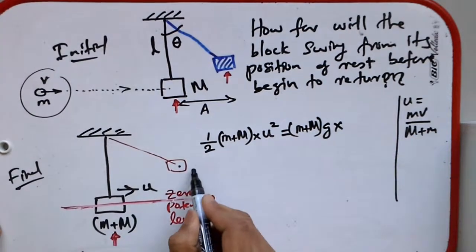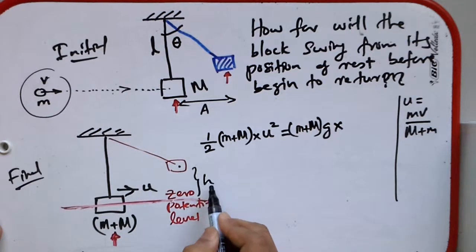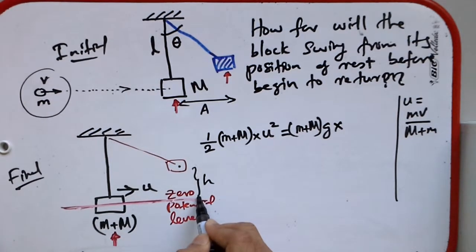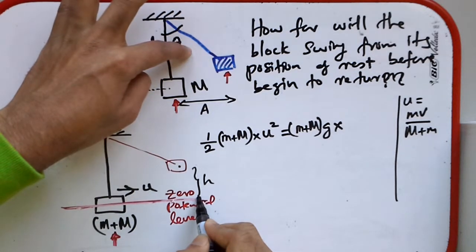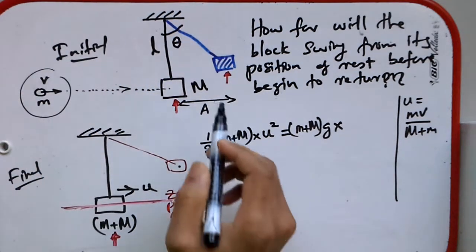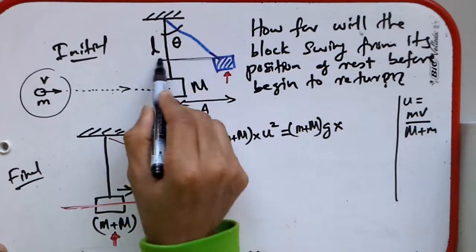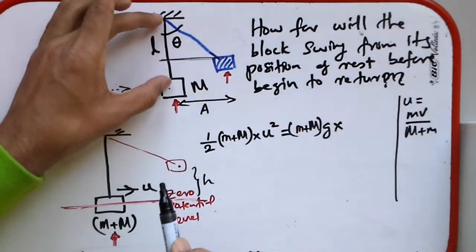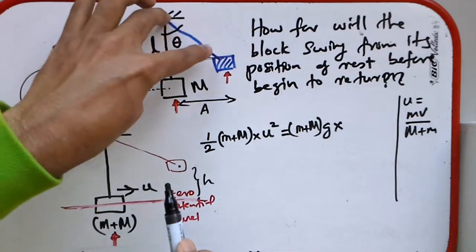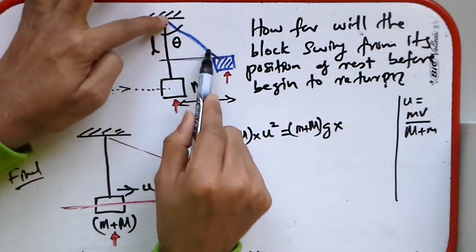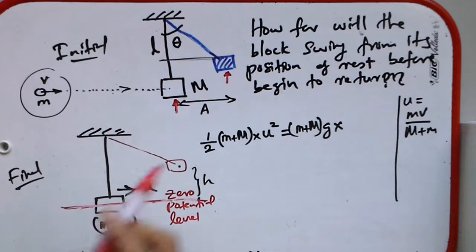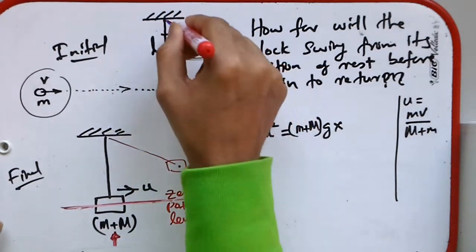What is this height? Actually, I can find this height in terms of this L. Let's say this angle is theta. You see now, this total length is L, and this is L. So now I can divide this length towards this angle.